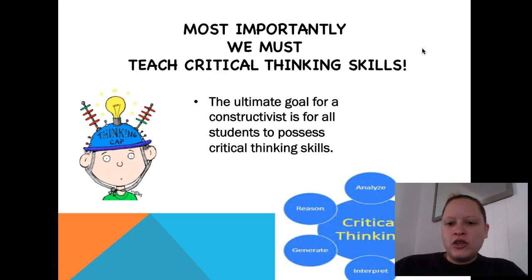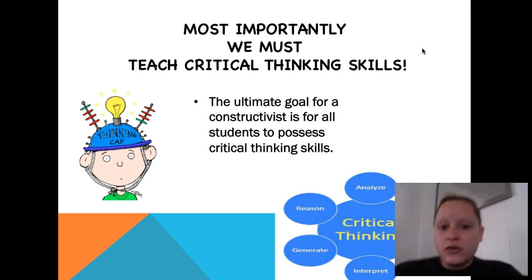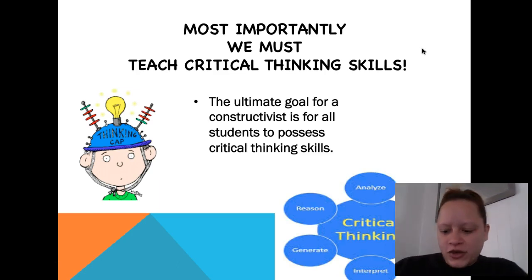We want them to be able to look at a problem and pull from their internal knowledge and experiences they've had, and use what they know to solve it, and then be able to go back and reflect and see if there are changes that need to be made, and at the same time teach one another, learn from one another through their experiences on how to solve a problem. Not every student's going to have the same experience, which makes this even better, and that's how they learn from each other.